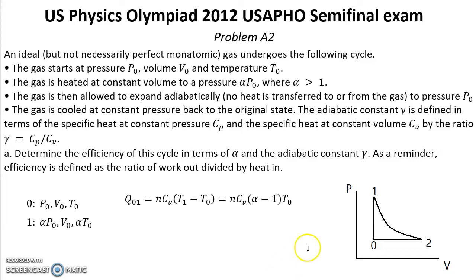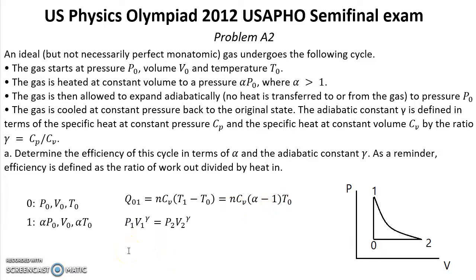During the isochoric process from 0 to 1, heat Q01 was added to this gas, which is the number of moles multiplied by heat capacity Cv multiplied by the temperature difference. So that will be n Cv multiplied by (alpha minus 1) T0.